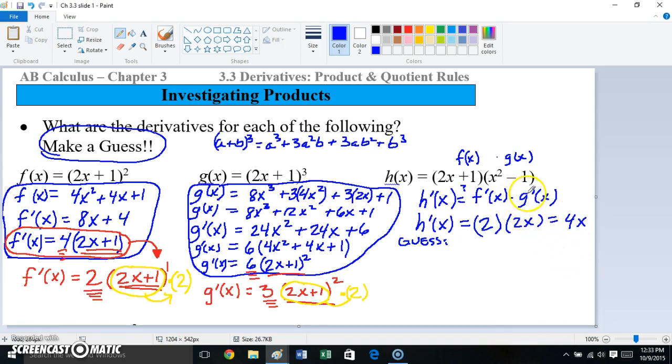Okay, could you think about this function, h of x, and think about what degree this function is, and therefore what the degree of its derivative should be. So h of x is really a cubic function.